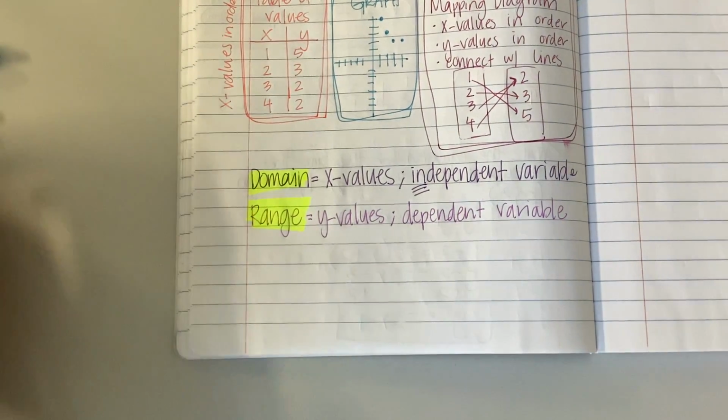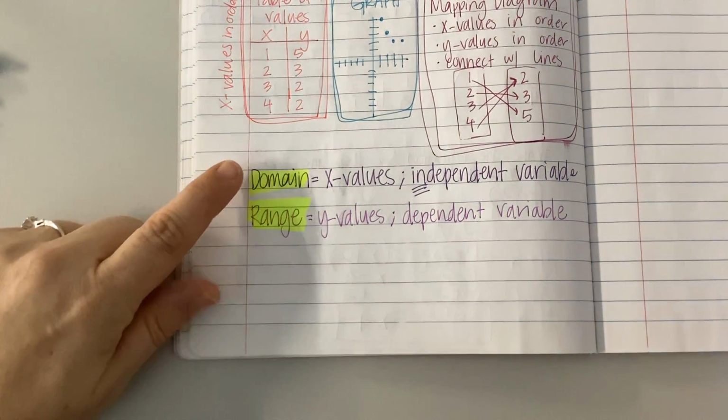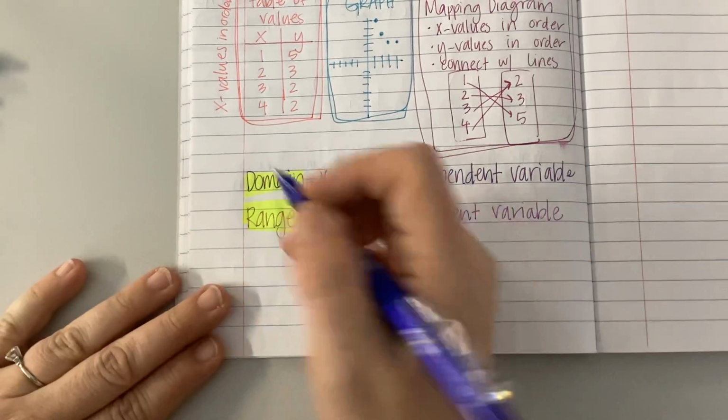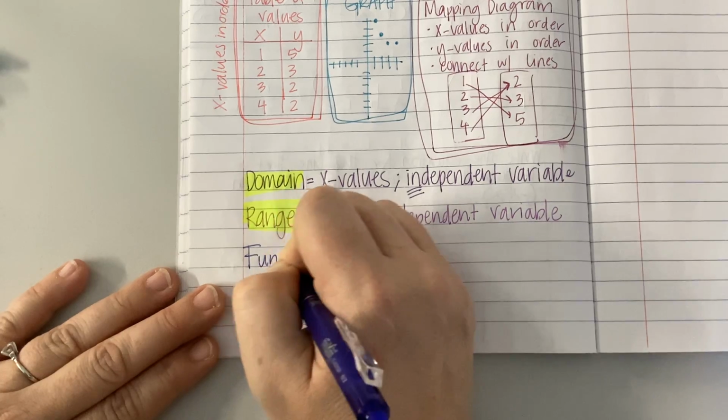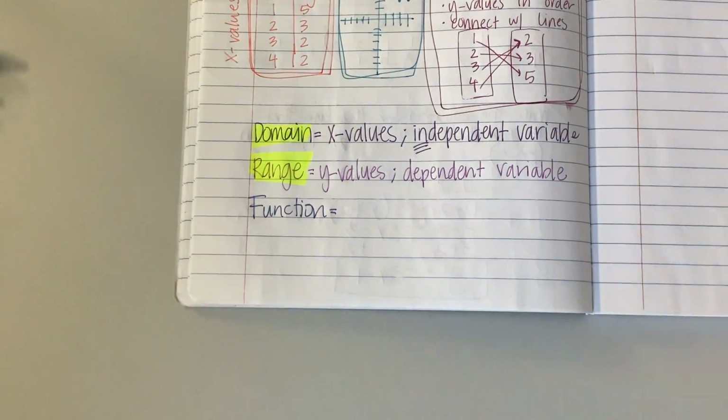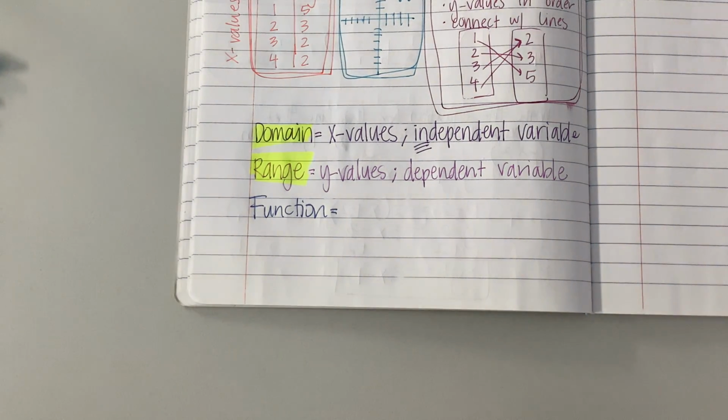Today, you'll be looking at these equations and you will be determining from their domain and from their range, are they a function? Is this relation, set of ordered pairs that belongs together, a function?